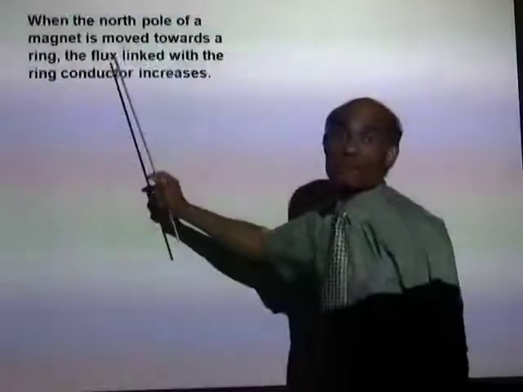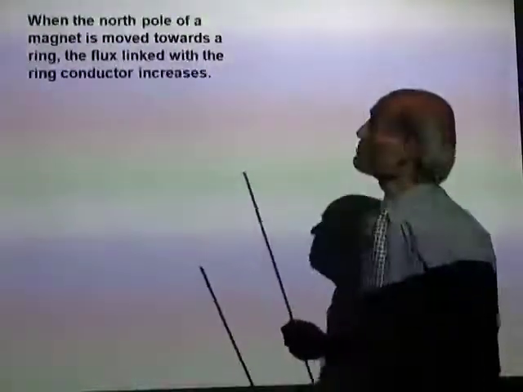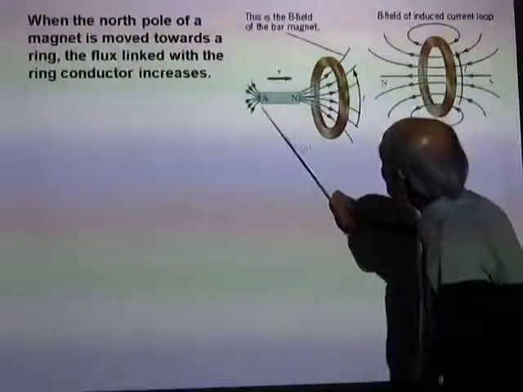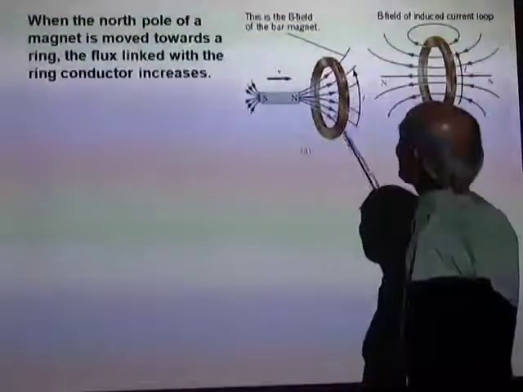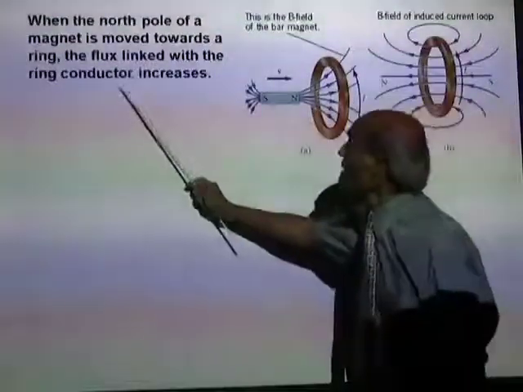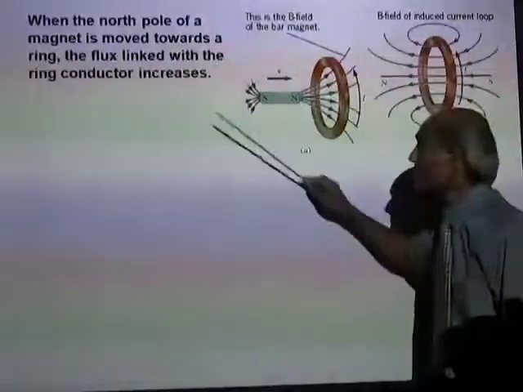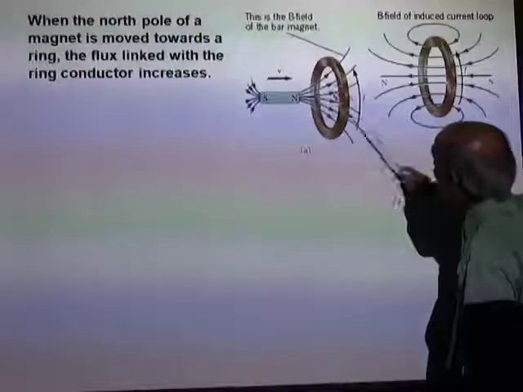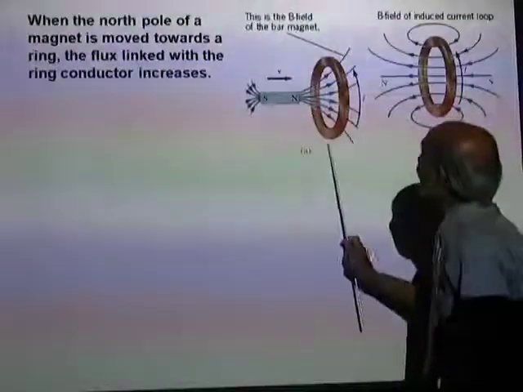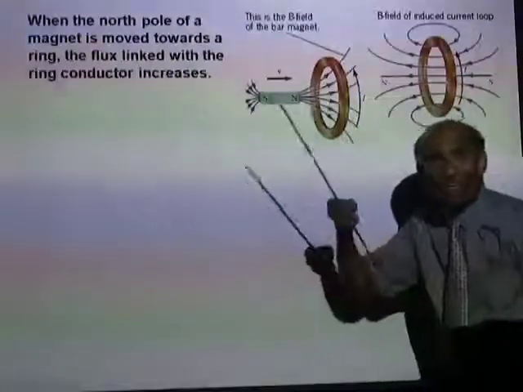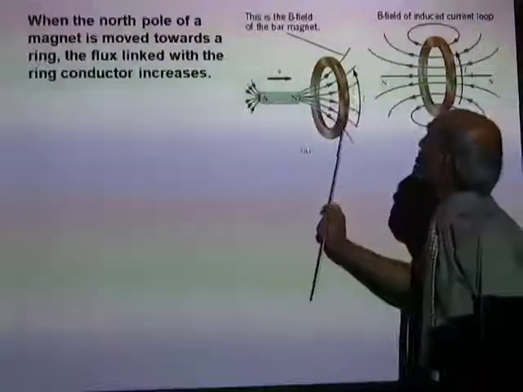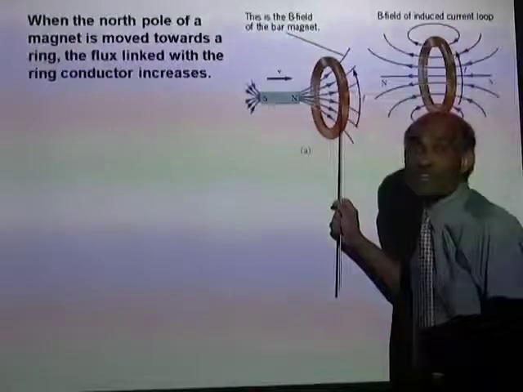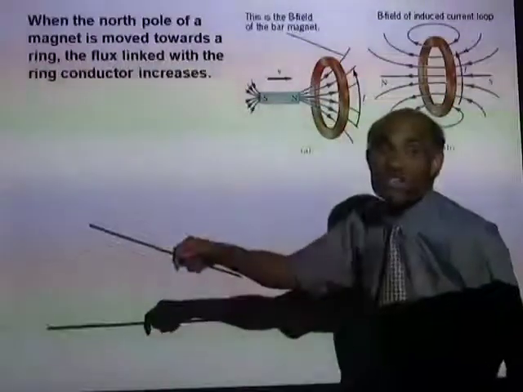Alright, let's now talk about the direction one more time. When the north pole of a magnet is brought towards this conductor in the form of a ring, the flux linked with the conductor increases. Is that right? When the north pole is brought closer to the conductor, the number of lines of force linked with the conductor will increase, and that increase will produce a current in the conductor, and the magnetic field produced by that conductor will oppose the changing field.